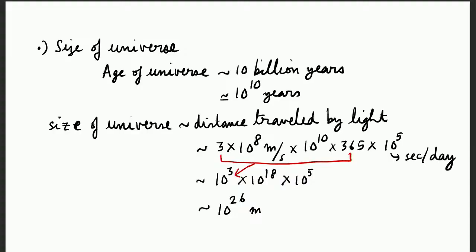Even though Indumati told you the speed of light is 1, it is actually 3 times 10 to the power 8 meter per second, times the number of years, 10 to the power 10, 365 days, and roughly 10 to the power 5 seconds per day. If you put these numbers, you get 10 to the power 26 meters as the size of the universe.